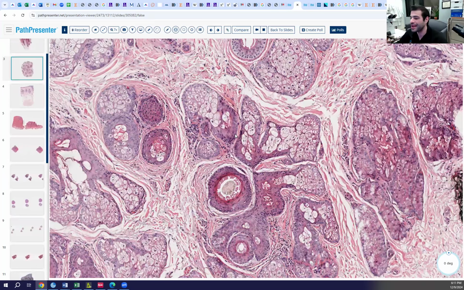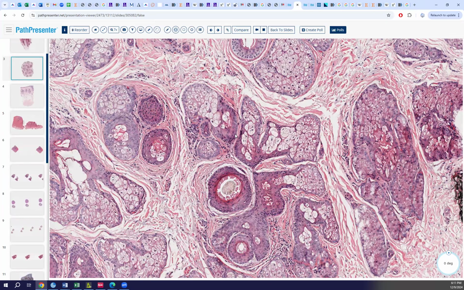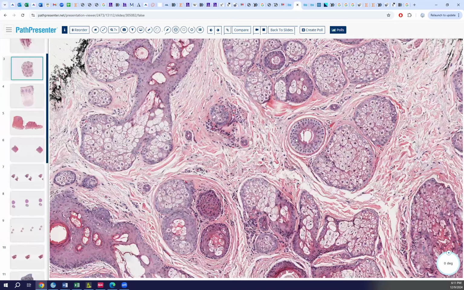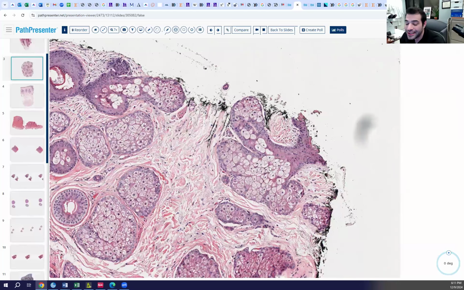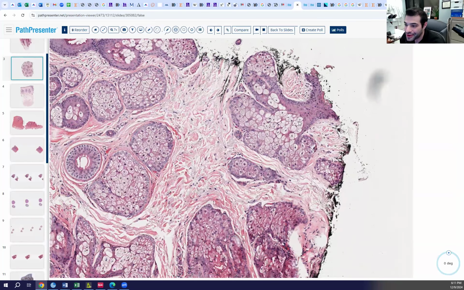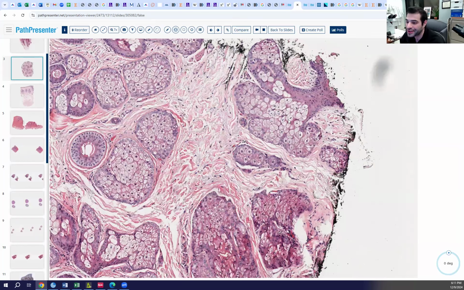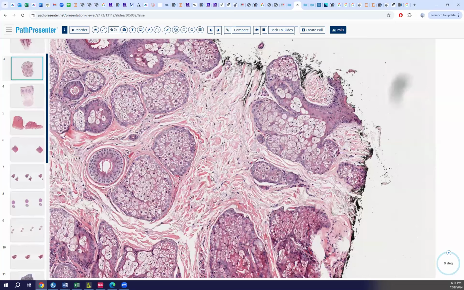We start with our hair anatomy. What are the different parts of the hair anatomy in terms of levels? There's the infundibulum, which goes from the epidermis to the opening of the sebaceous gland.